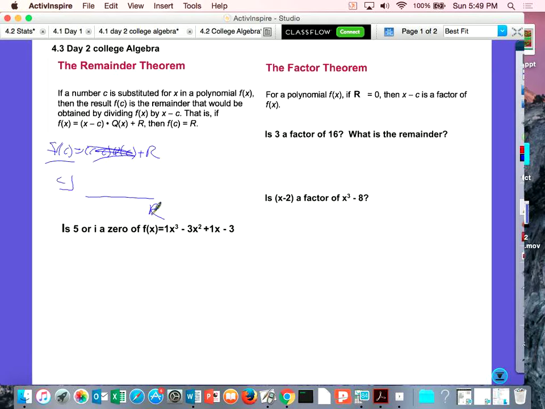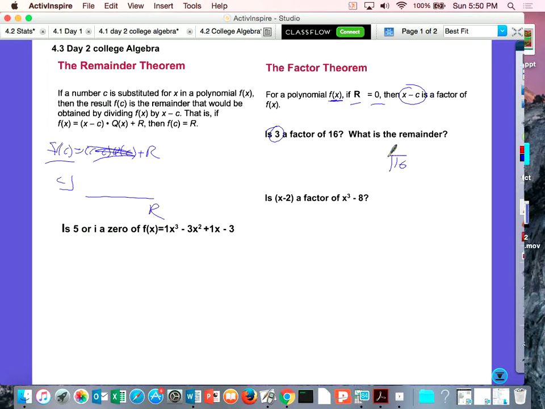So another one I think is useful is the factor theorem. It's really saying that for a polynomial f of x, if you get a remainder of 0, then the function or the expression that you're trying to divide in is a factor. Well, we know that. Okay, is this a factor of 16?